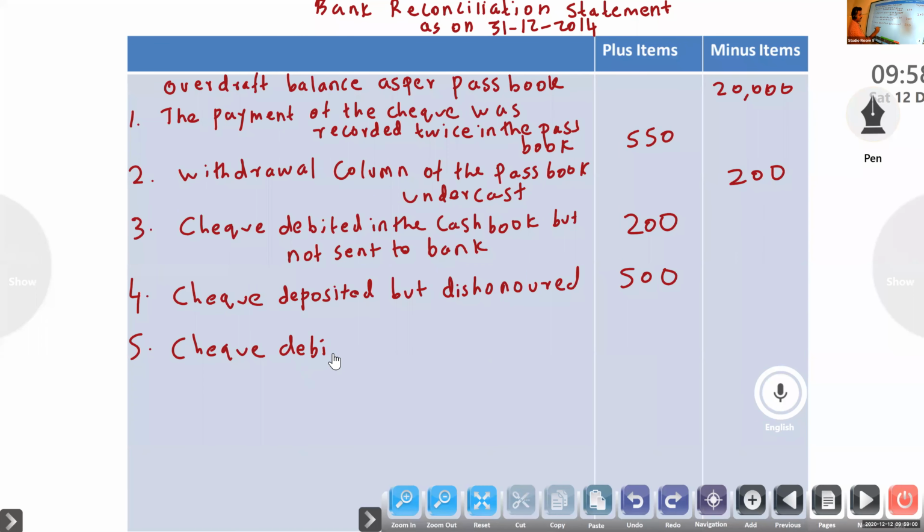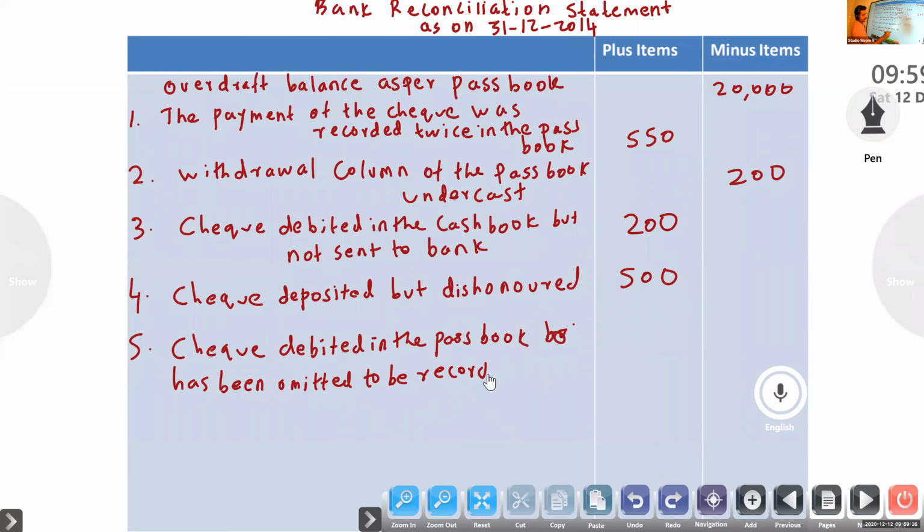I will write it. Check debited in the passbook has been omitted to be recorded in the cash book.